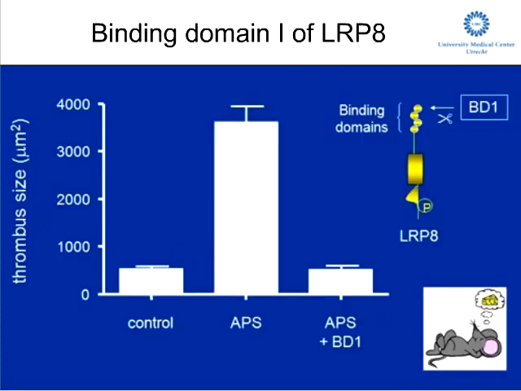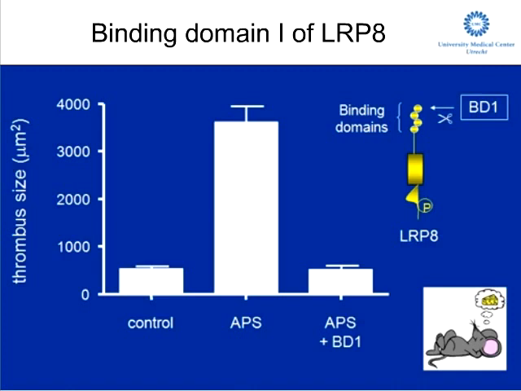I will show you the results we have obtained, because we have shown that LRP8 is involved as one of the receptors for beta-2-glycoprotein 1. We did some experiments together with Sylvia Pierangeli. We cloned the different binding domains of LRP8, and we identified binding domain 1 as the interesting domain that binds beta-2-glycoprotein 1.